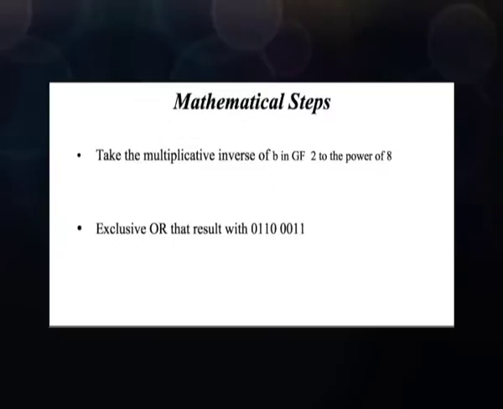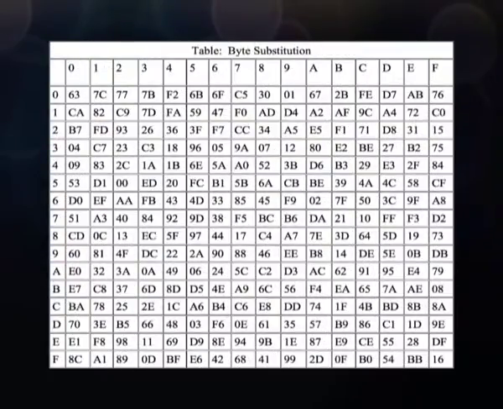Second is to XOR that result with 0, 1, 1, 0, 0, 0, 1, 1. The complete substitution table is as shown. For example, the byte 20 is replaced by B7 as it is in row 2 and column 0 of the table. Similarly, 5A will be replaced by BE as it is in row 5 and column A.